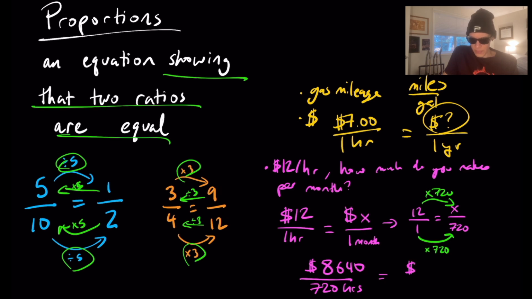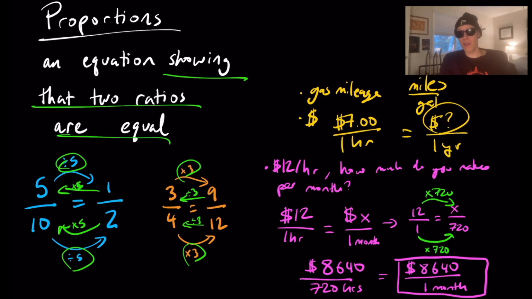So your monthly salary would be $8,640 per month. And again, this is if you work nonstop every waking hour of every day of an entire month, which is impossible. So you probably would make less than this, and you can tweak the numbers to fit your specific scenario. But we'll look at some more examples moving forward on maybe how to solve proportions a bit better. There's 2 techniques we'll go over.